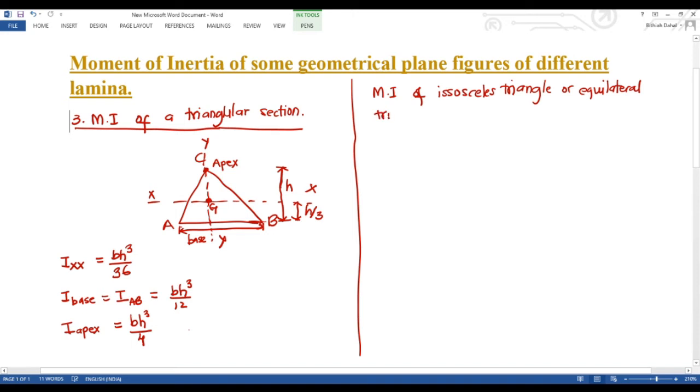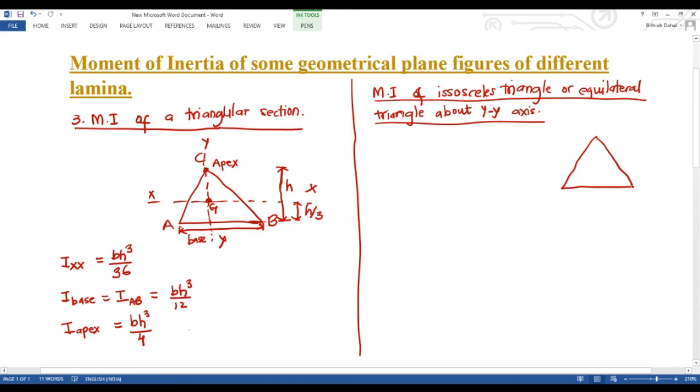We find it about only one axis, which is the y axis. Let me draw the equilateral triangle. I hope it will come out right.